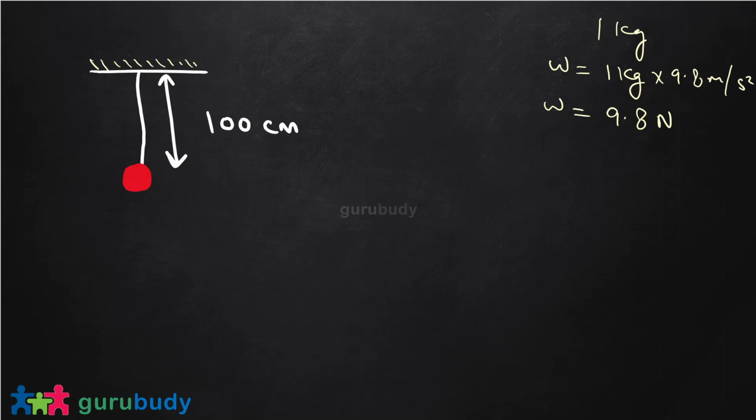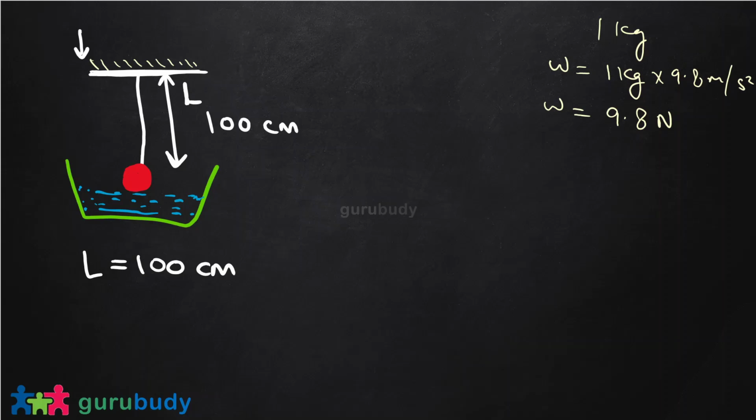Now imagine that you have a bucket of water. It's filled with water. What we are doing now, we are slowly moving this surface down, this hinge point. Now what you will find, this length of this string, which initially was 100 centimeter, changes once we start moving this down.